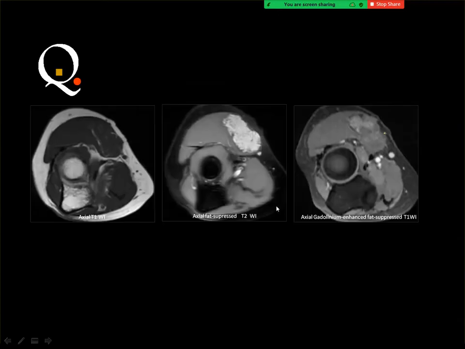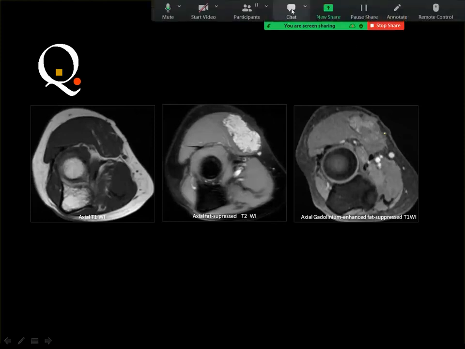And this is the MRI of the elbow joint, and you can see a lesion along the anterior aspect of the elbow joint, and this is in the T1, and this is in the T2 fat set, and this is post contrast with fat suppression.